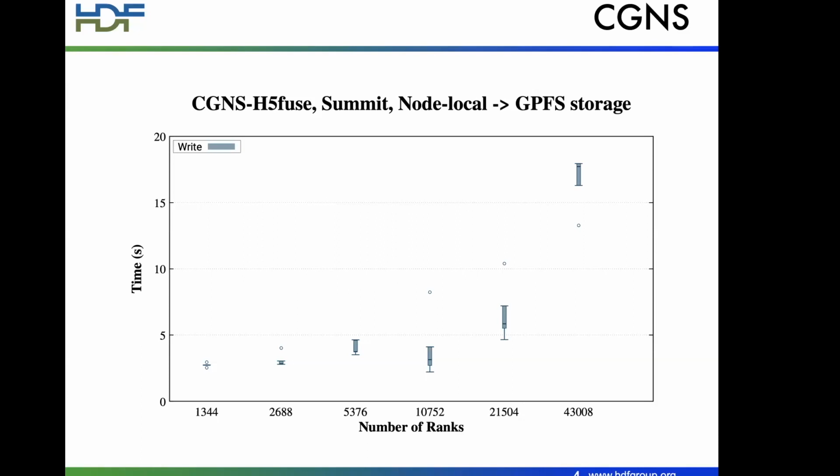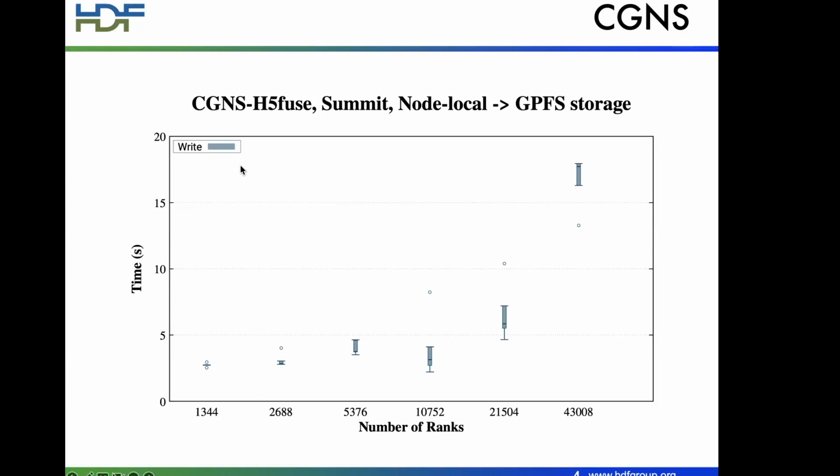For this example, if you have 1,344 ranks, that's 32 nodes if you're running 42 ranks per node. So you'd specify I'm going to run 32 processes and spread out, but only run one per node.